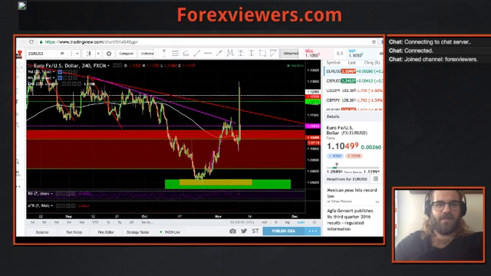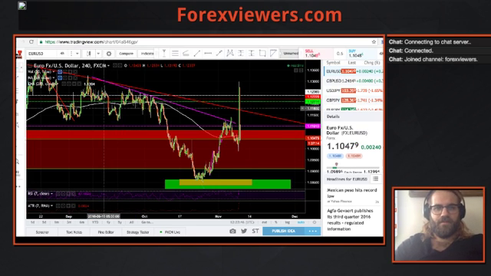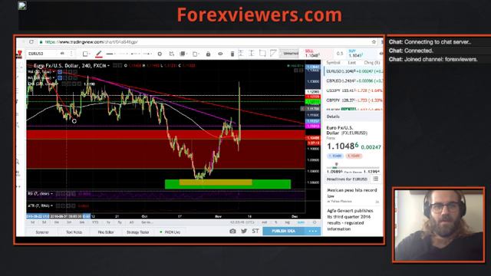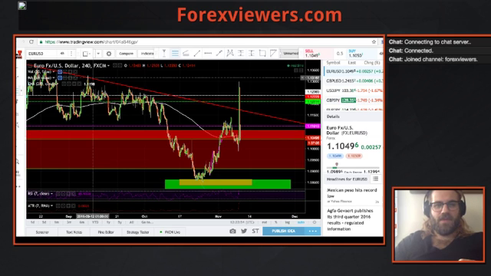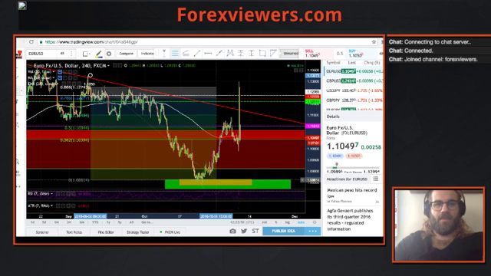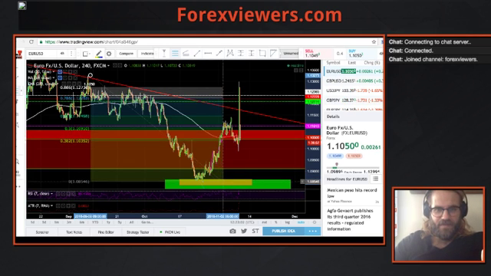So let's get rid of some of these lines here. Alright, and boom. Swing high to the most obvious swing low. And you can see that we hit the 50%, but we don't quite hit the 618 right here, right?